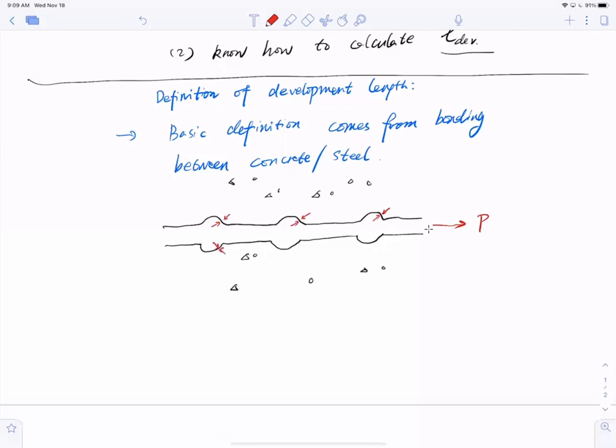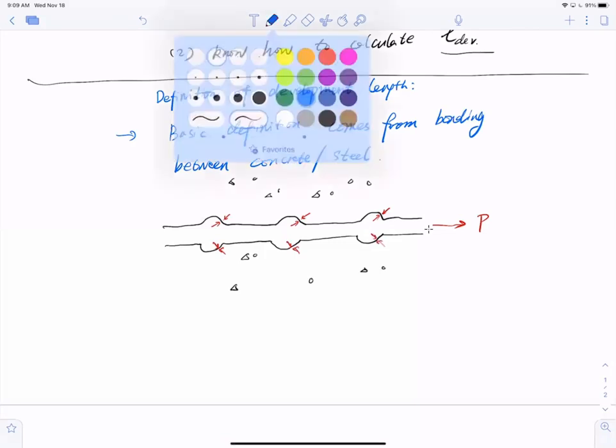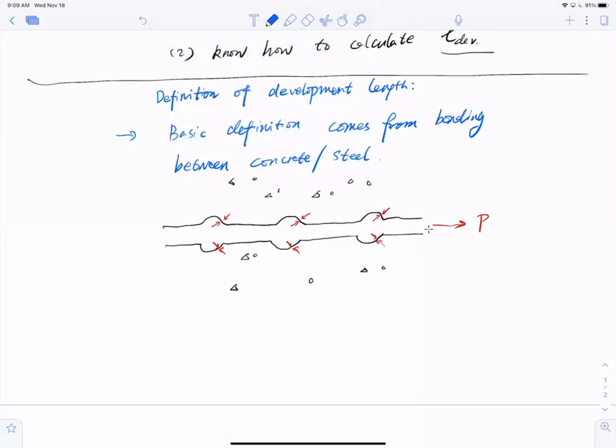These are the bearing forces from the concrete. The second type is the bond stress, the shear stress on the bar against the pulling direction, these blue ones. And these are the chemical adhesion, essentially just the adhesion between the bar and the concrete.